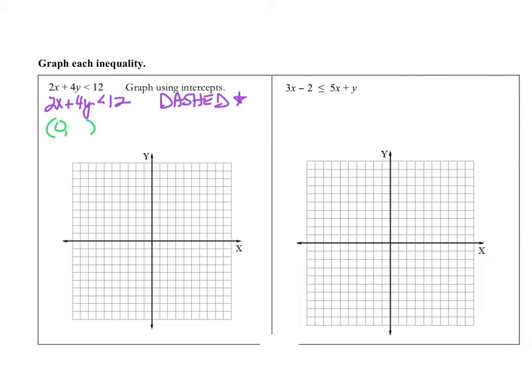Well, equal to 12, really. Sorry, I meant to make that equal to here. So when you put in 0 for x, that'll make y divided by 4 equal to 3.